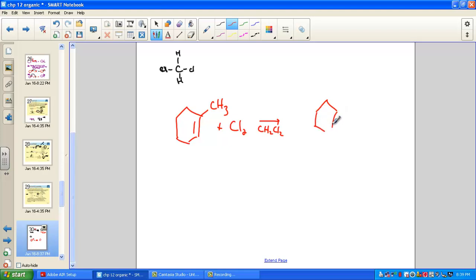Well, the carbons that are involved in the double bond each receive one of the chlorines, and this one still has a methyl up here. Alrighty. And so what have we created? Well, we have a cyclohexane.